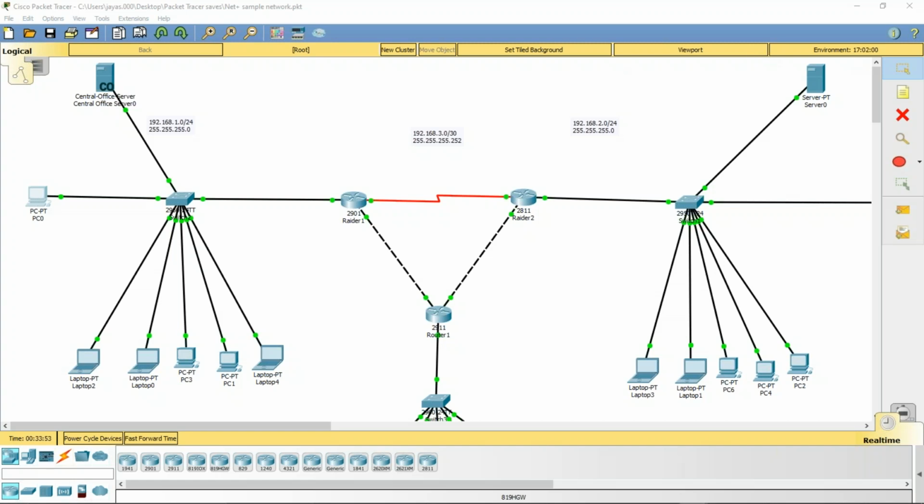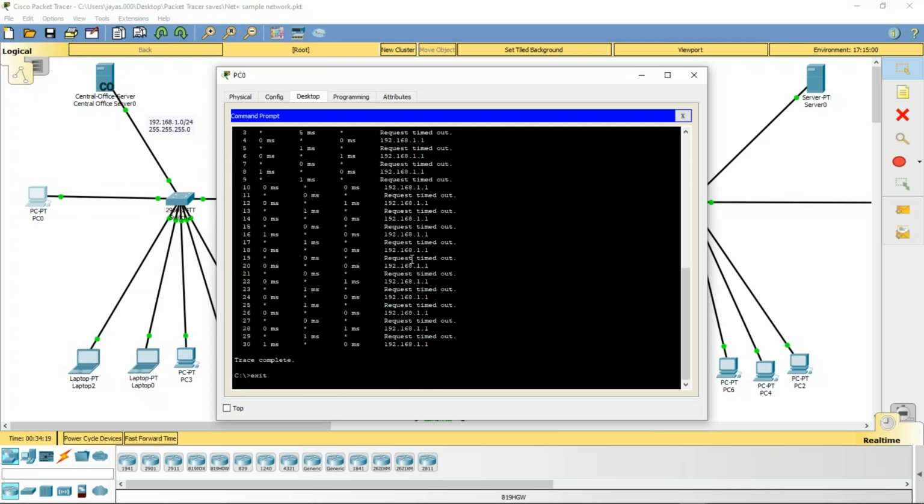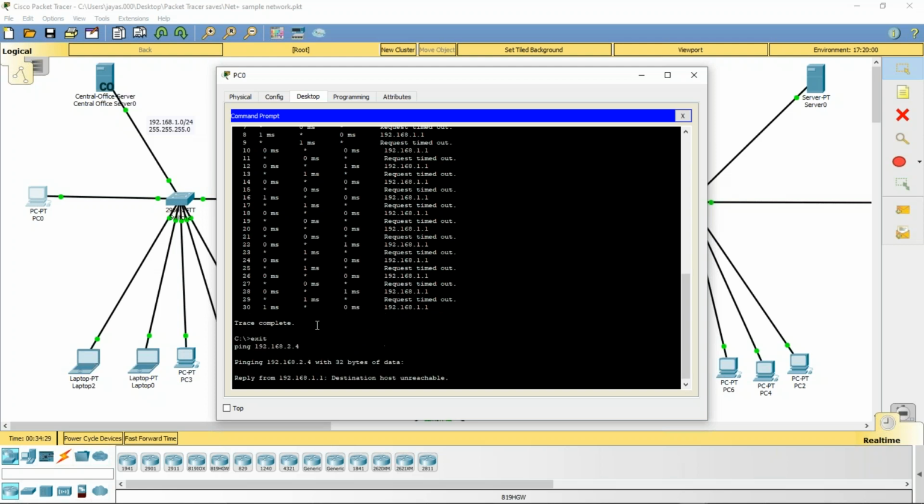I'm at my workstation. All right, so what I'm going to do is come into my command prompt and ping 192.168.2.4.